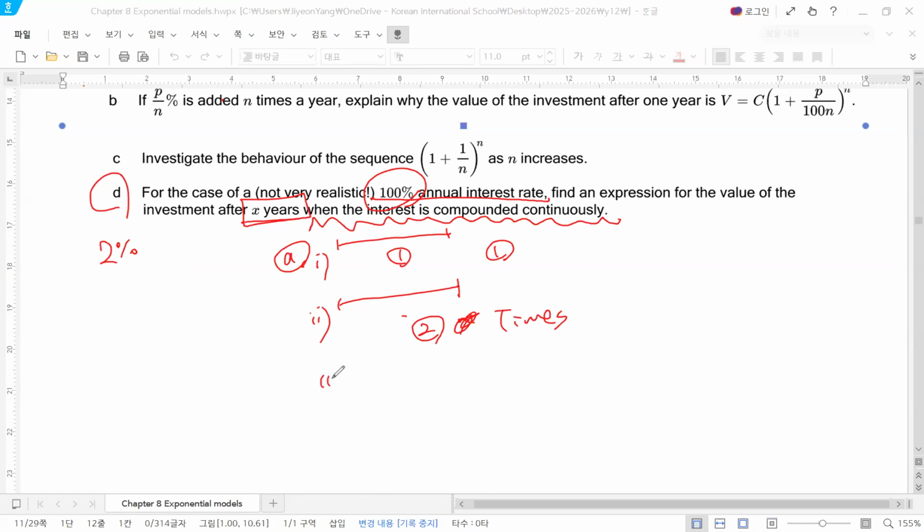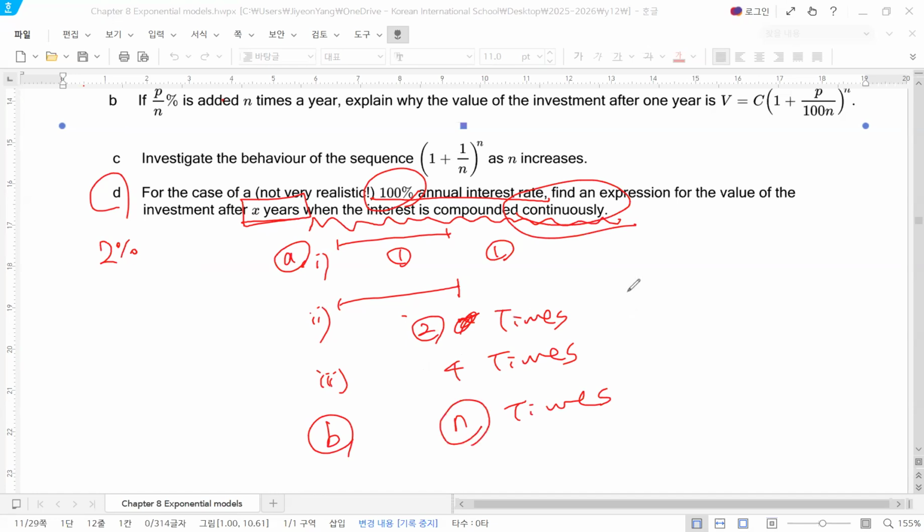So question A3 means how many times? 4 times, compounded 4 times. And question B means n times. Do you understand? But they say compounded continuously. It means that in 1 year, if some number is compounded continuously, we divide this 1 year into infinitely many.